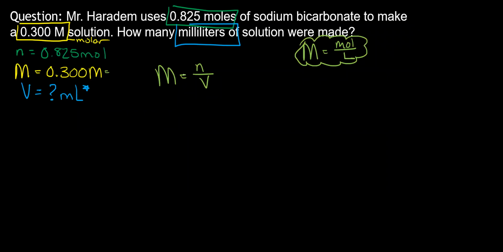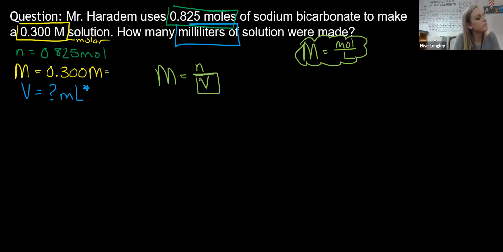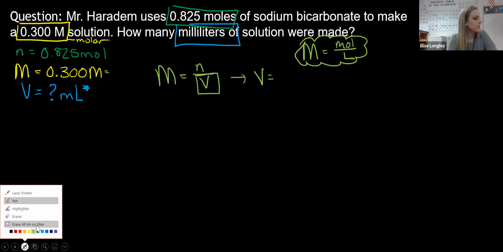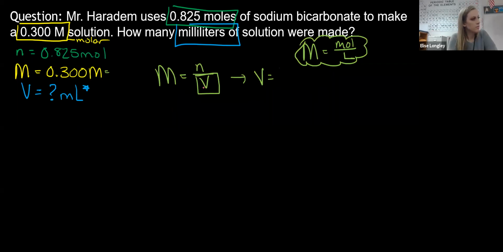You have to find what V equals. How do I isolate V? It's V equals, I think, M times N? So the way we would do this is division, right? To get rid of division, we have to do the opposite. What is the opposite?